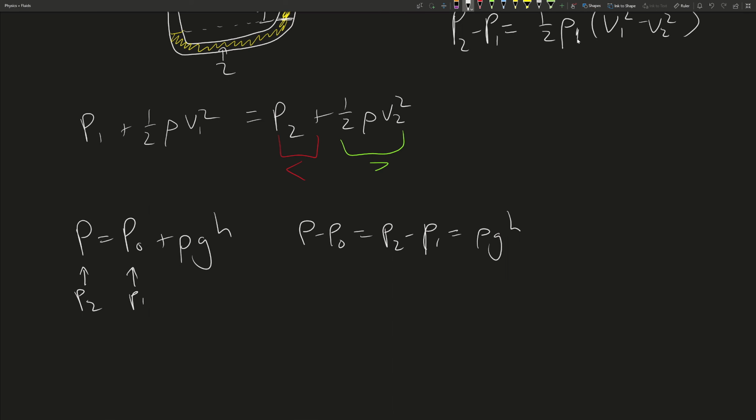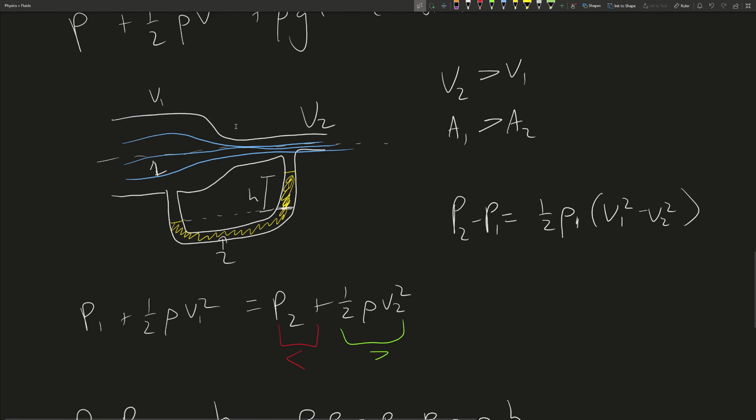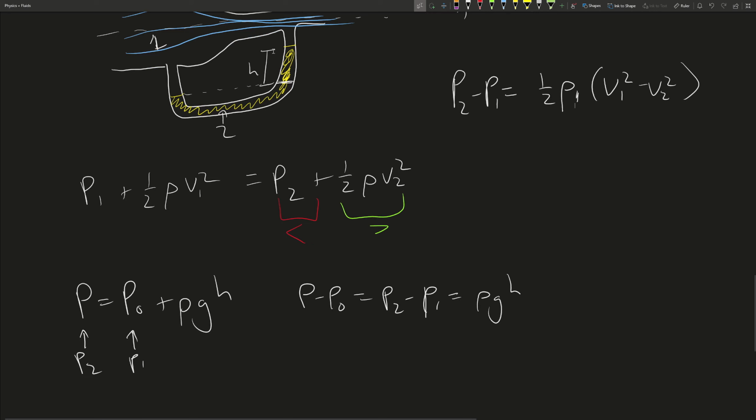So the difference in pressure caused by the different velocities is related to the density of the first fluid here. But then the hydrostatic pressure from this bottom fluid is related to the density of the bottom fluid times this height and the gravitational field strength.